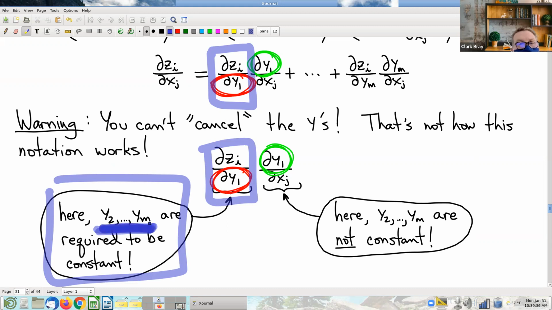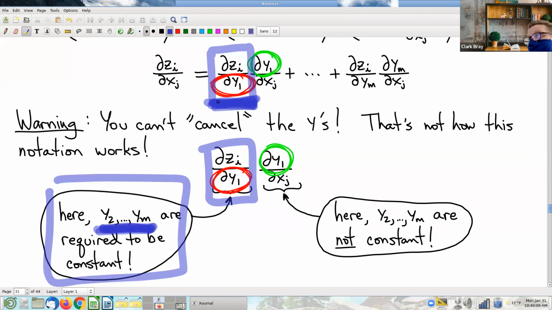Right. So as I compute this thing, I've created a scenario where y1 is allowed to change. All the other y's are constant. Notice I have no idea in this story what's happening to the x's. In fact, as I consider this partial derivative, I don't even know if it is possible for there to be some motion of the x's that would give me this scenario where the y's do what I'm requiring.